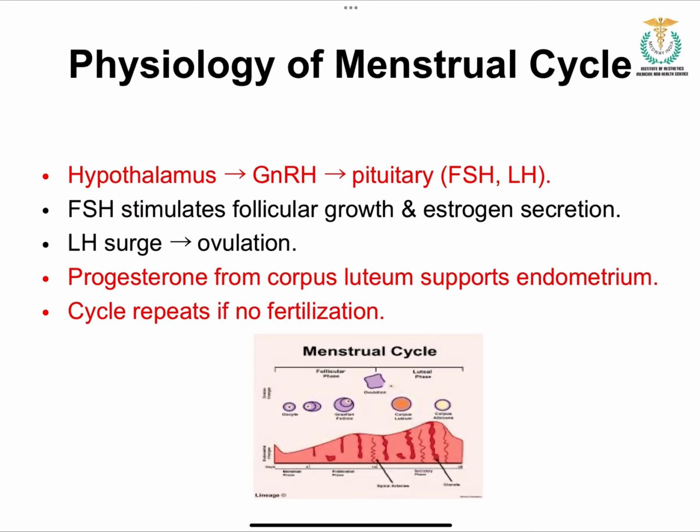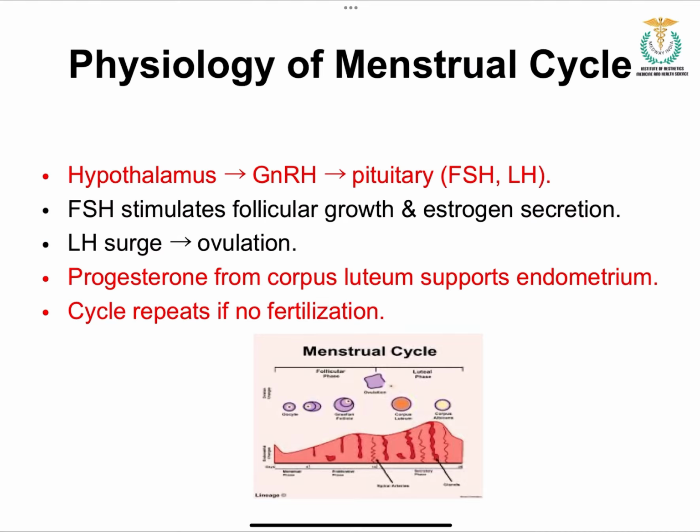Next is the physiology of the menstrual cycle. The menstrual cycle is an important part of female reproduction. This axis explains most menstrual disorders. If there is any disruption at any level, like the hypothalamus, pituitary, or ovary, it can lead to amenorrhea or irregular cycles.